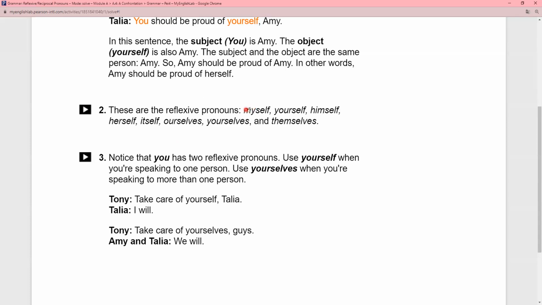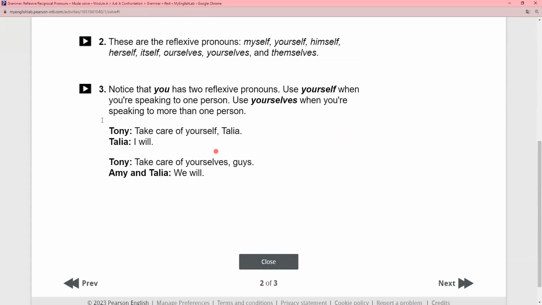Notice that these 3 reflexive pronouns are plural, and the other ones are singular and third person: myself, yourself, himself, itself, ourselves, yourselves, and themselves.